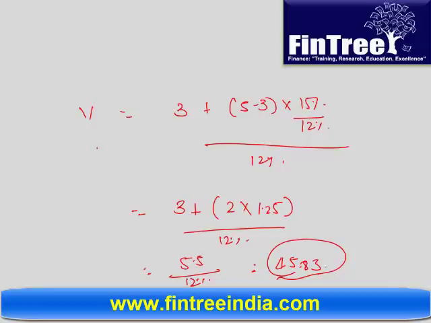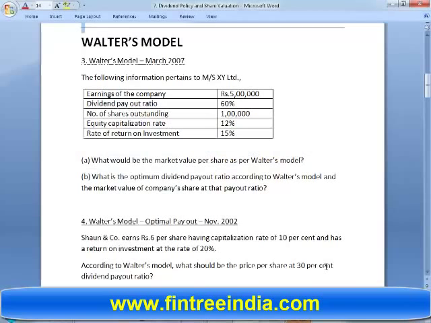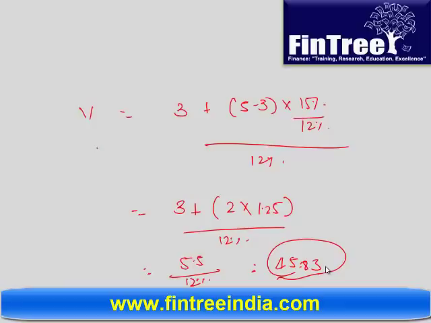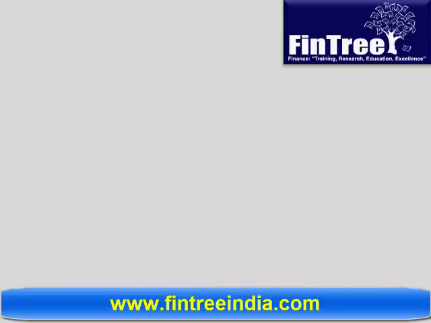Now the second part of the question. Say, what is the optimum dividend payout ratio? Okay, so give a heading, optimum dividend payout ratio as per Walter's model. And then again make a table. You would say scenario and optimal dividend payout ratio.